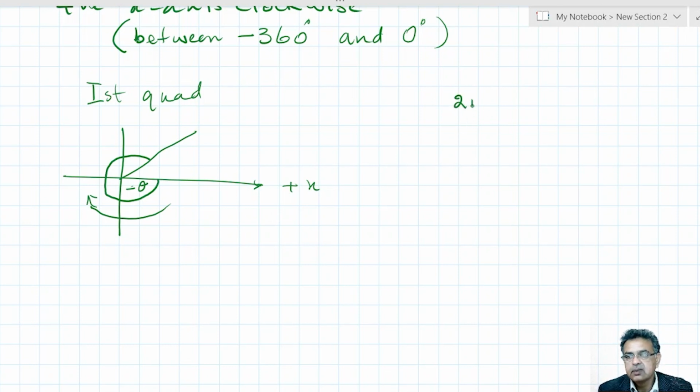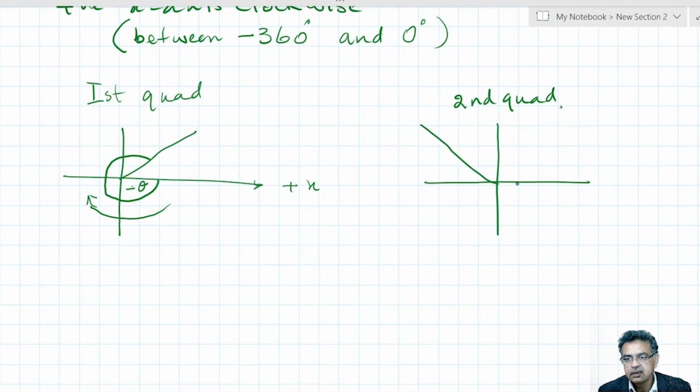Now in second quadrant, if a line making an angle is in the second quadrant, then once again following the definition, starting from positive x-axis clockwise until the line reaches, so this is negative angle, you can see this is clockwise.